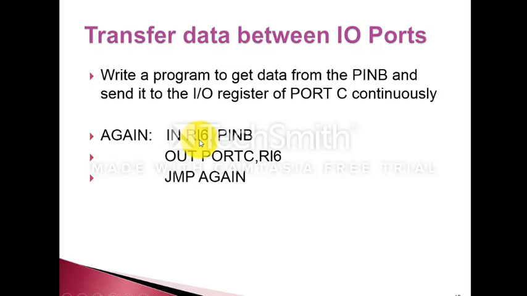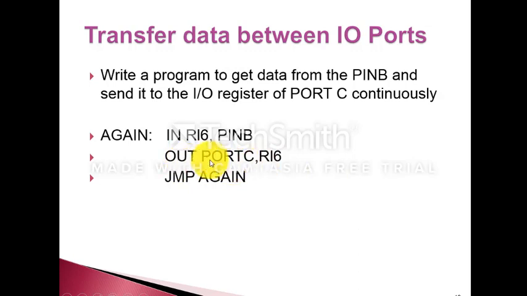It will never end. Whenever we want to take some input from some IO register, we always name it pin B, pin C, pin A, or pin D. Whenever we want to put some output on some port, we will use port C, port B, port D, or port A. We will never use pin for output.